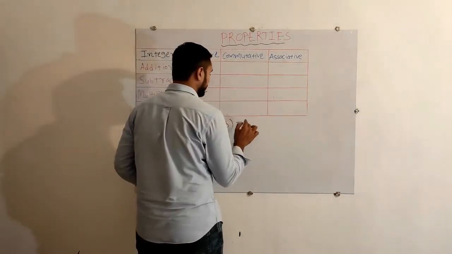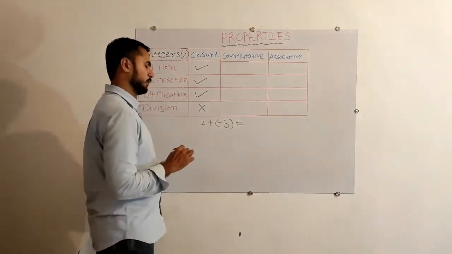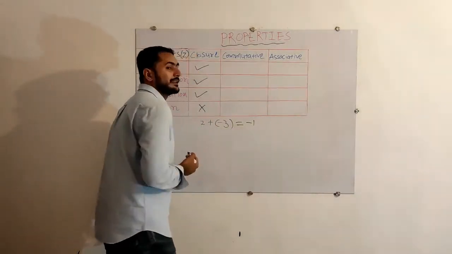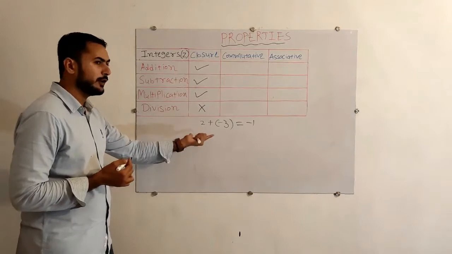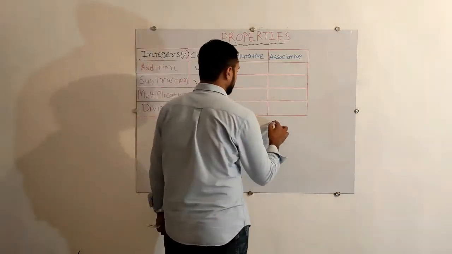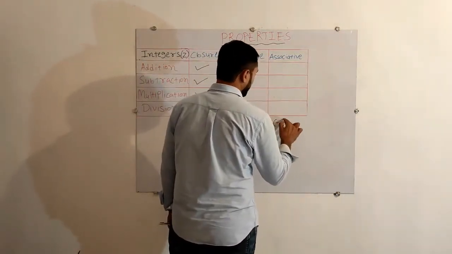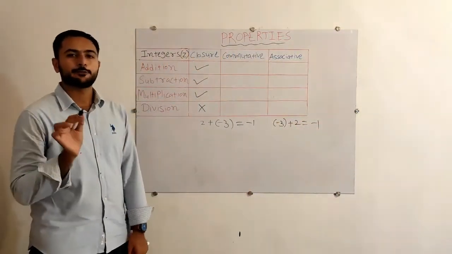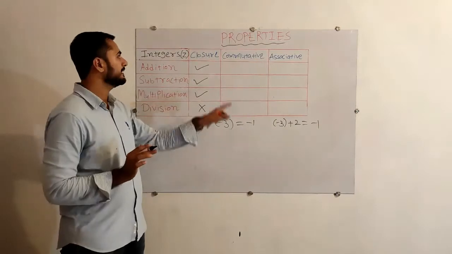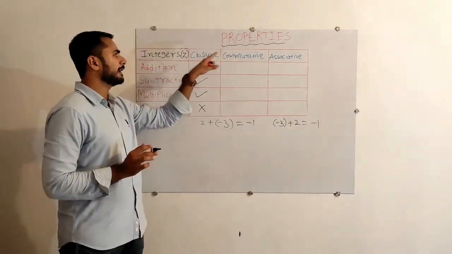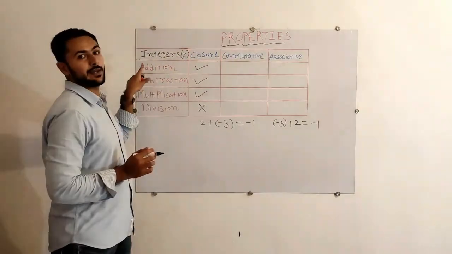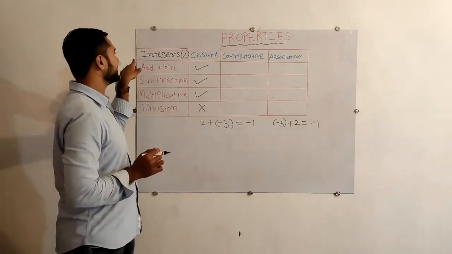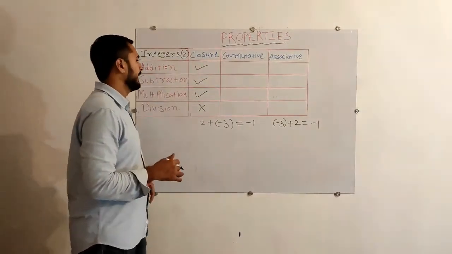The answer is minus 1. Now I am going to shuffle these numbers like this: minus 3 plus 2. So the answer will be again minus 1. If we get the same answer, it means integers are commutative under that particular operation. Here it is addition, so integers are commutative under addition.